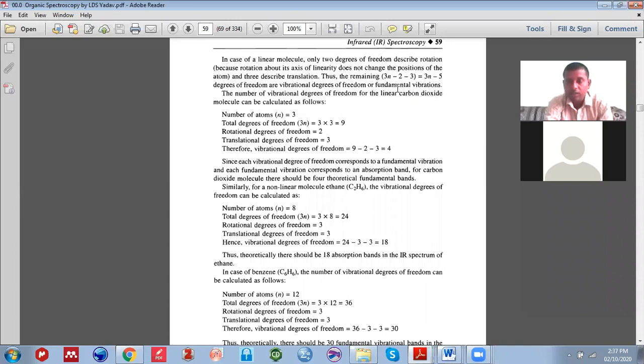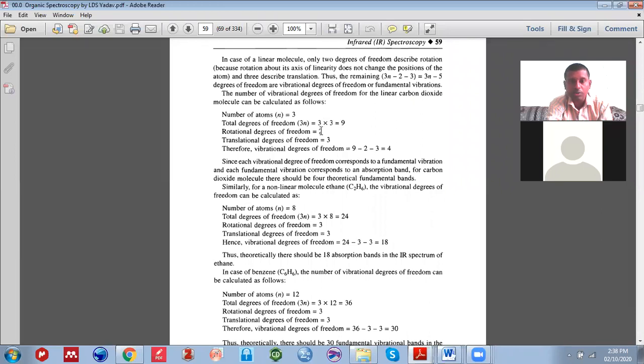For CO2 the total number of atoms is 3, carbon and 2 oxygen, so the total degrees of freedom is 3 into 3, that is 9.